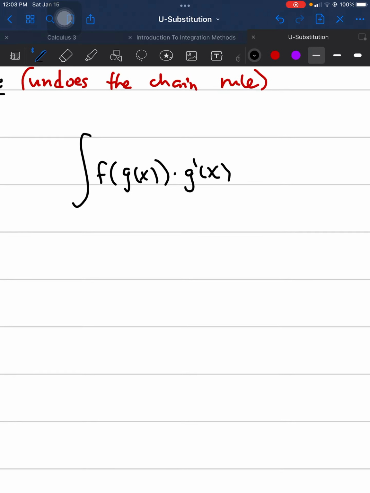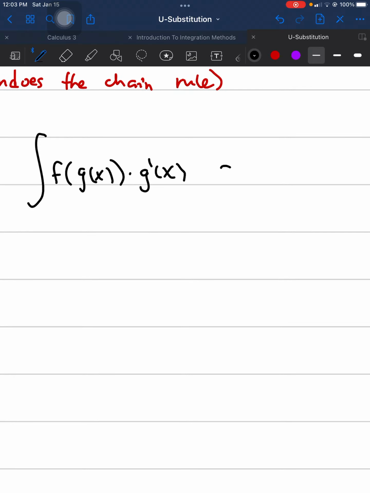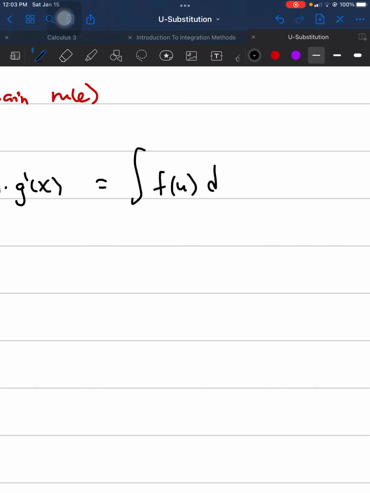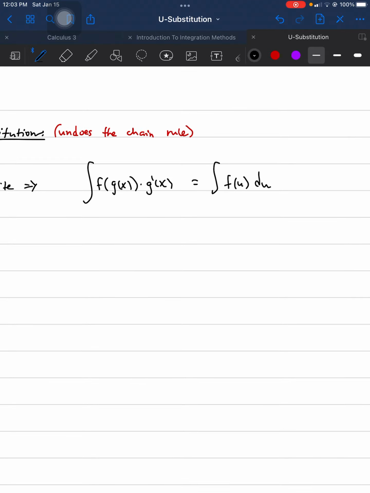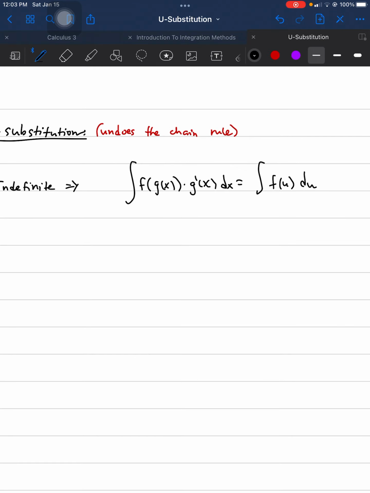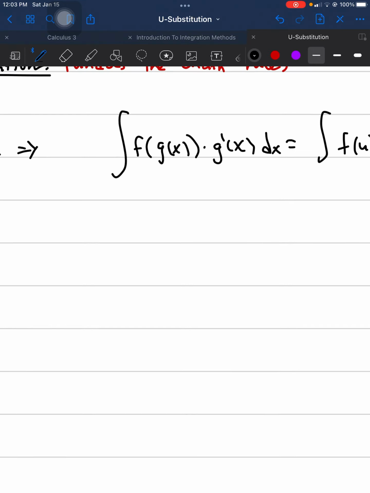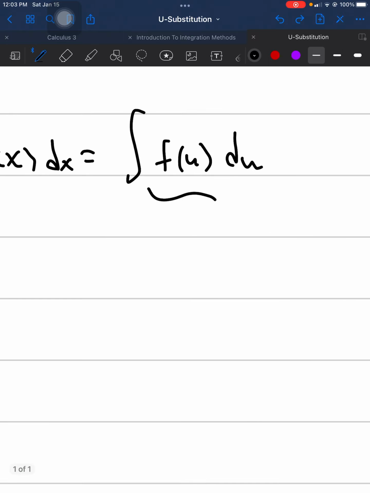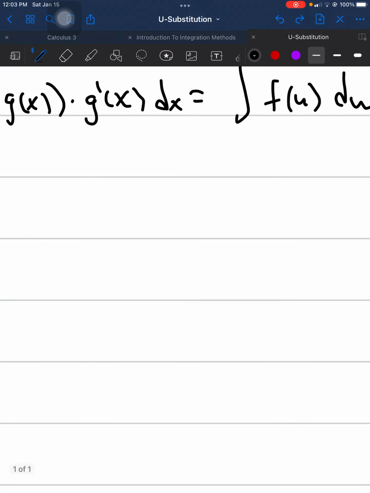So this should be equal to basically the integral of f of u du. There should be a dx here too. What we're basically saying is that this composite function can be changed into this f of u du, which is a lot simpler.